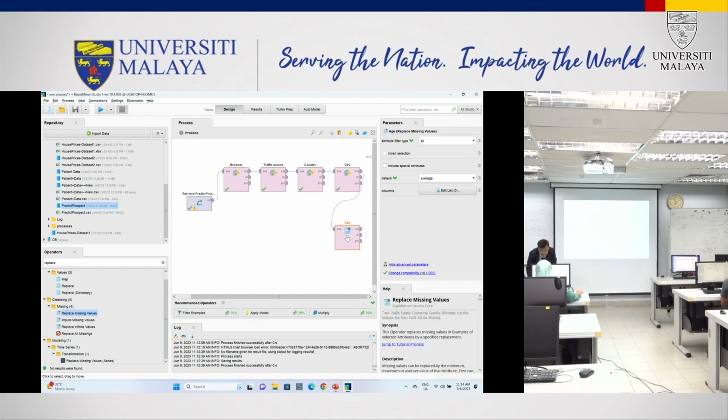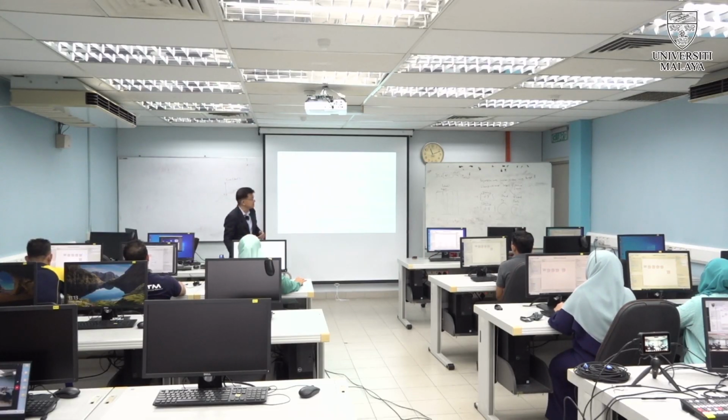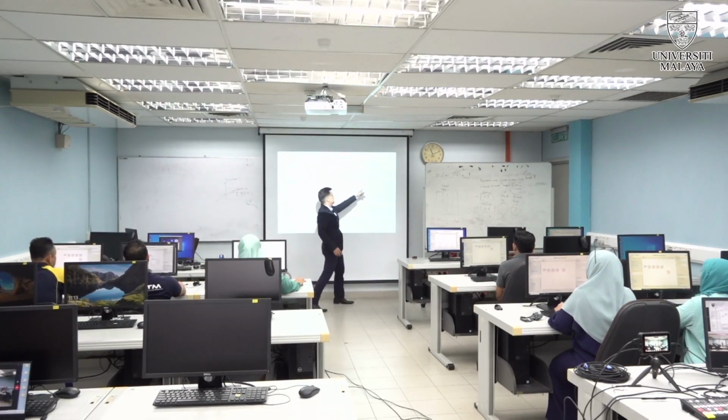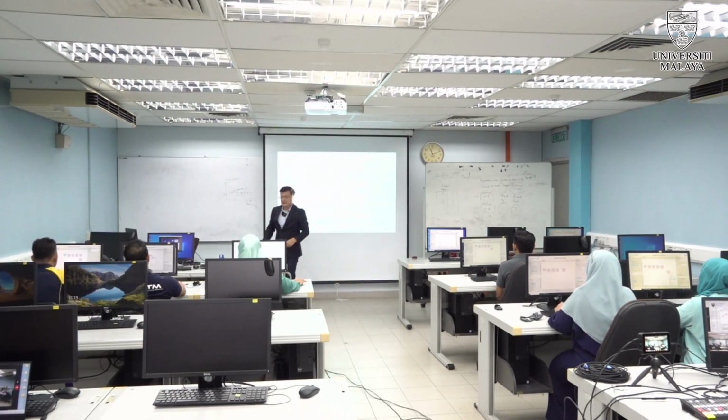Okay, so kalau you klik replace, you pergi single, you pilih age. Sebab you nak replace age, ada 129 missing value. So you boleh pilih cara yang berlainan under.